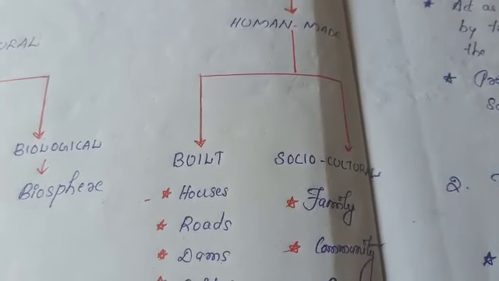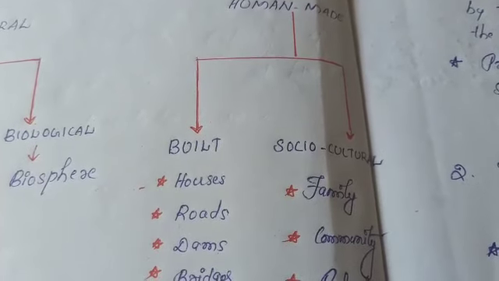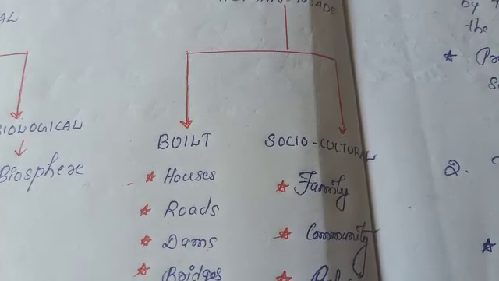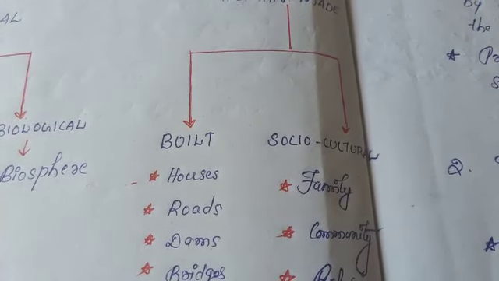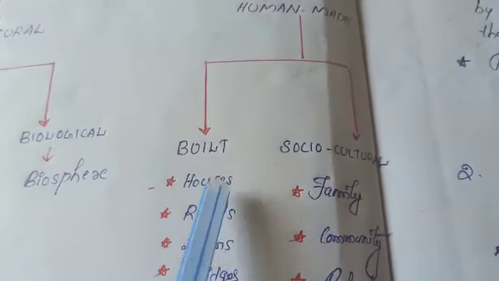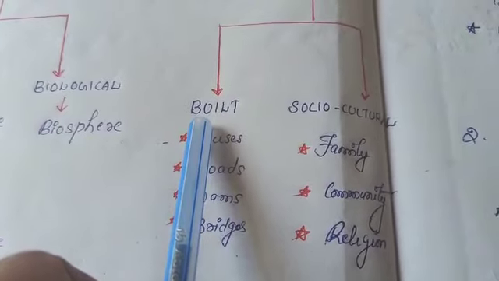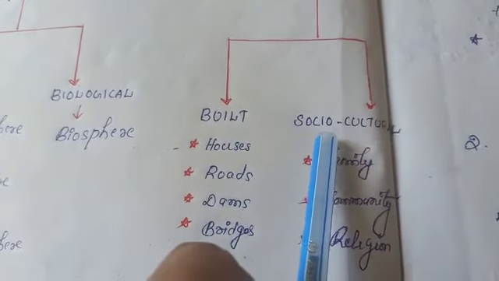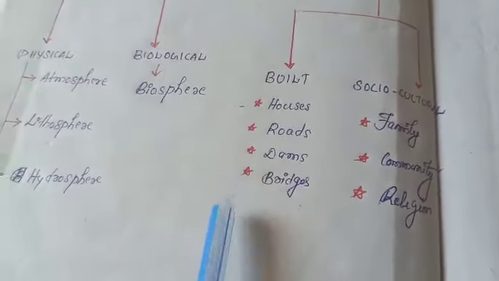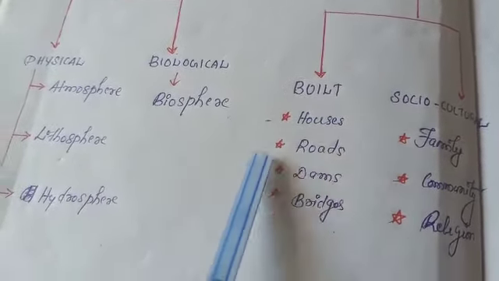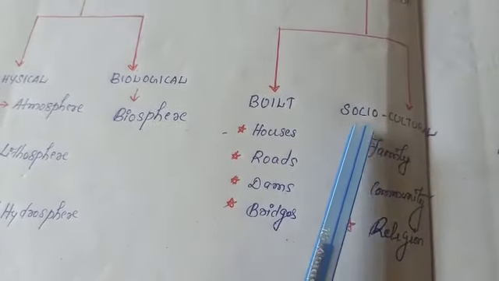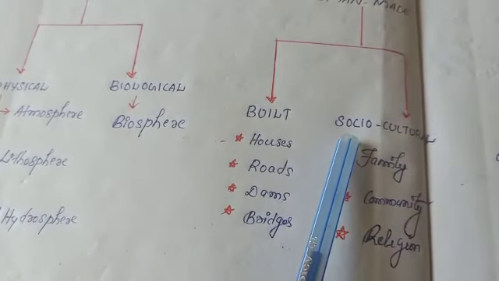Do you know what is human-made environment? Human-made environment is that which is created when human beings interact with the natural environment. It consists of built environment and socio-cultural environment. Socio-cultural environment is related with humans' relation.